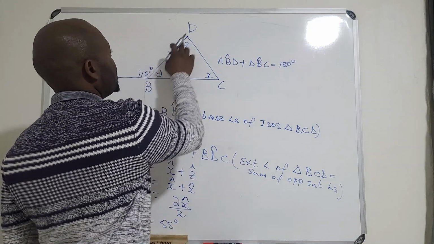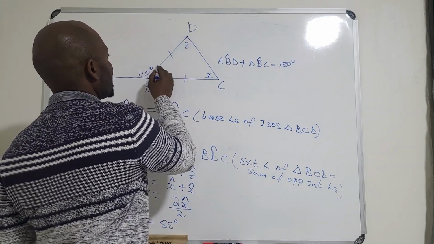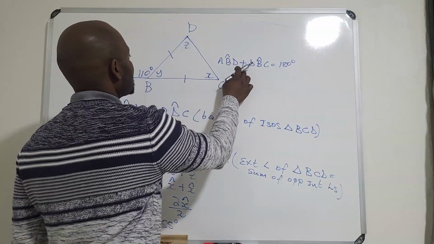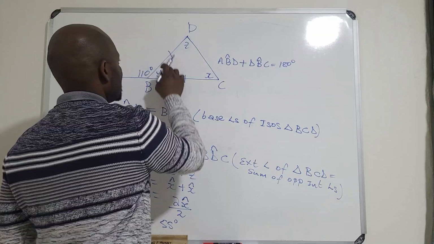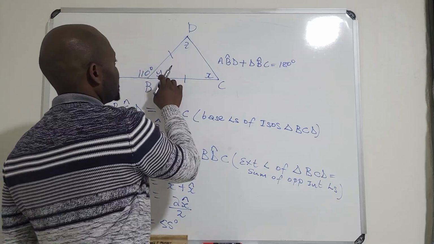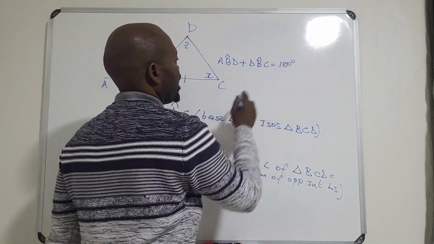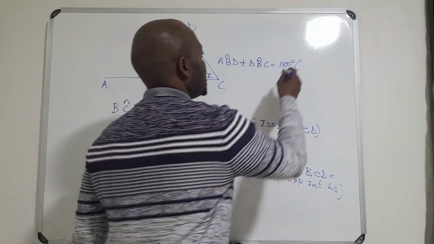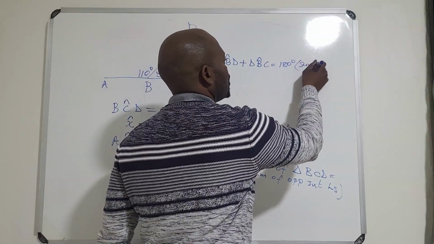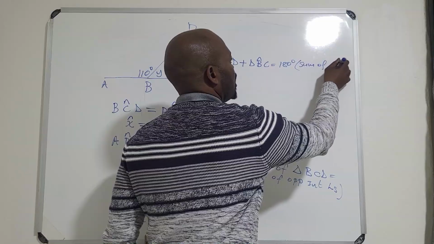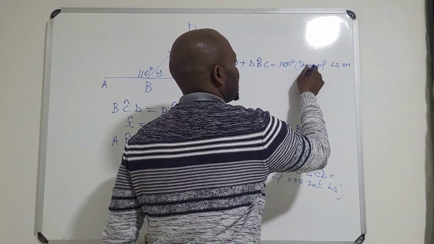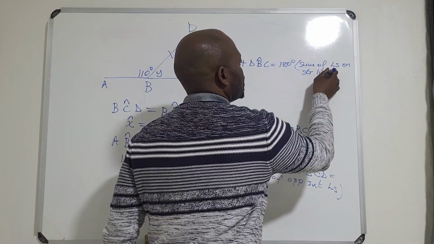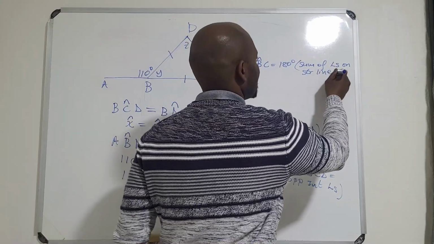Angle ABD, which is this angle, plus angle DBC, which is this angle. This angle plus this angle is equal to 180 degrees. Reason, sum of angles on a straight line ABC.